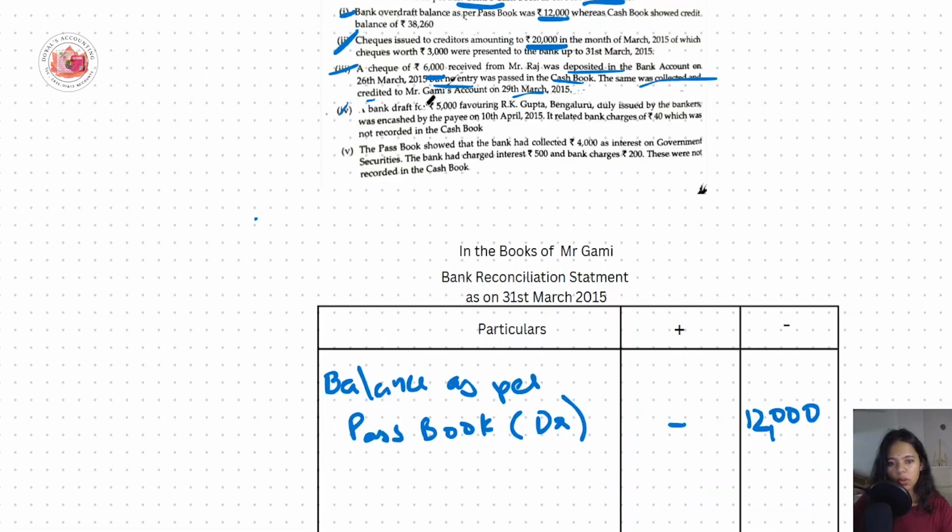A bank draft of rupees 5,000 favoring R.K. Gupta, Bangalore, issued by the bankers were encashed by the payee on 10th April. It related bank charges of 40 rupees which were not recorded in the cash book. The way bank drafts work is, whenever a bank draft is made, payment is immediately made to the bank for however much the draft is worth.